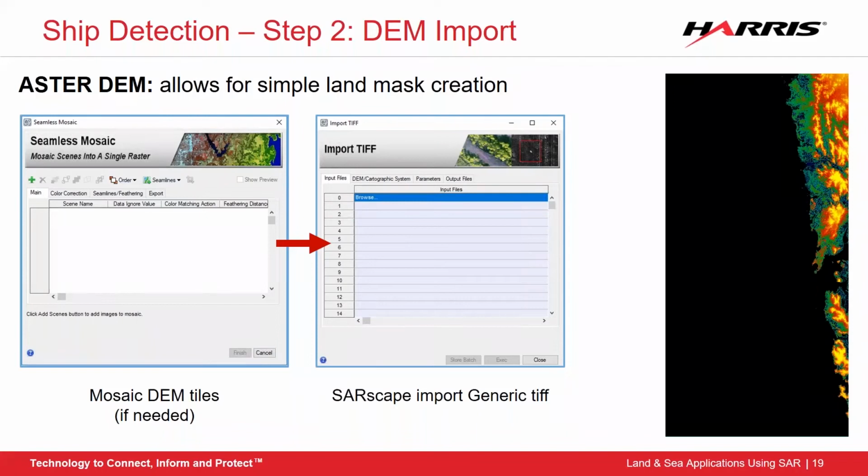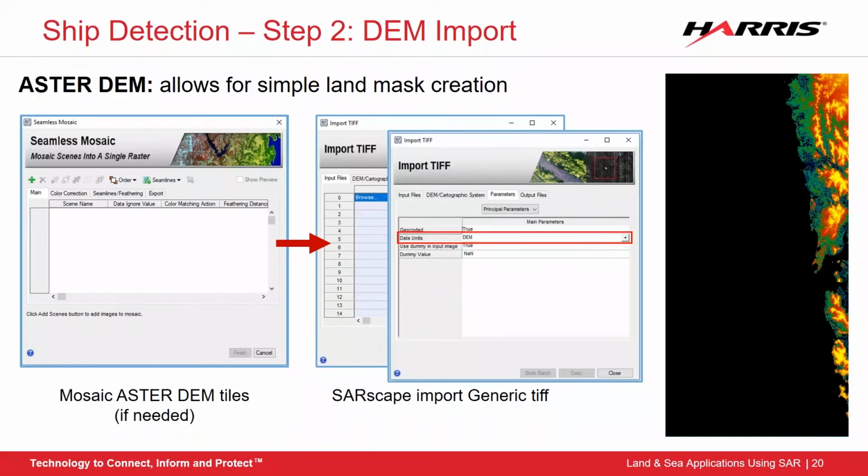And this contains all the necessary metadata to read the file properly. And once you do this with your DEM, you don't have to do it again. It will now be compatible with SARscape tools in perpetuity. Before you run the Import Generic TIFF tool, make sure you set your data units to DEM in the Parameters tab so it can be recognized as a DEM.